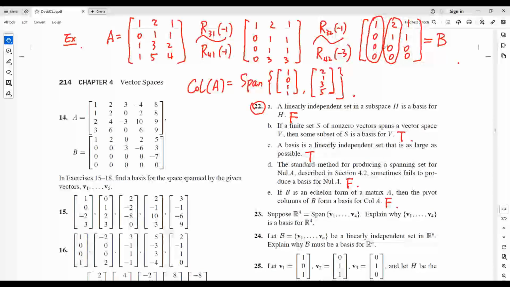Note that the third row and the fourth row of these two vectors are all zero. So these two vectors cannot span this vector. Thus, the pivot columns of B do not form a basis for the column space of A.